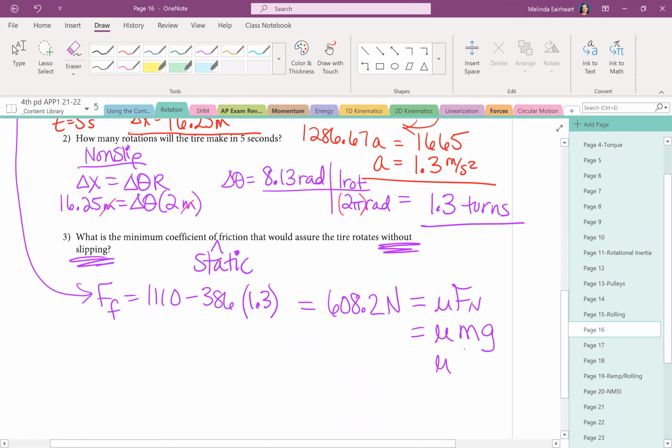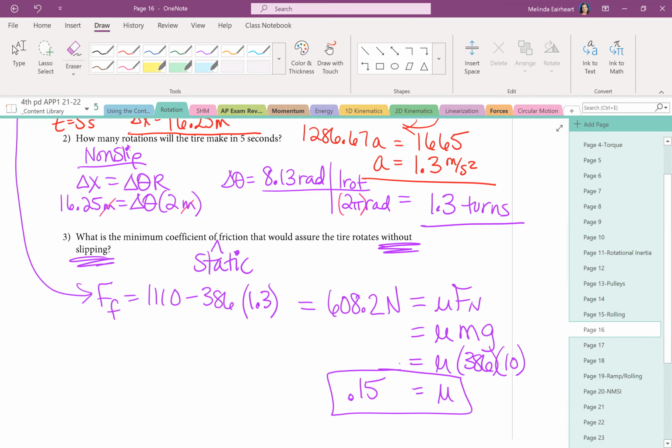And so the mass, 386 times 10. And so mu equals our frictional force divided by that, and I get about 0.15. No unit, because Newton over Newton. And if you remember, the coefficient is 99% of the time less than 1. Good deal?